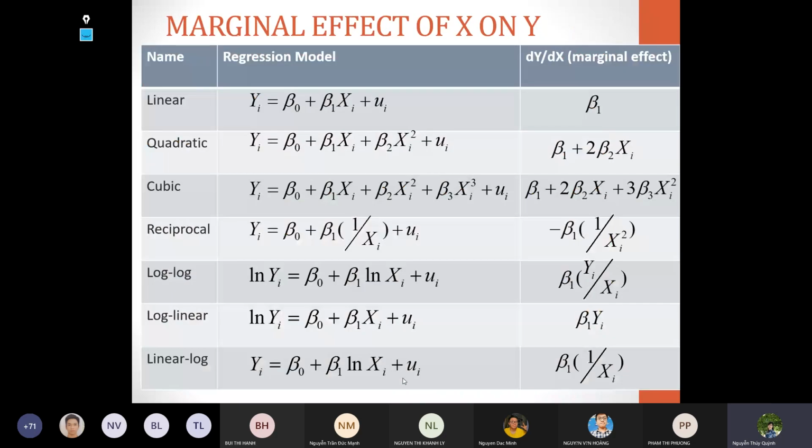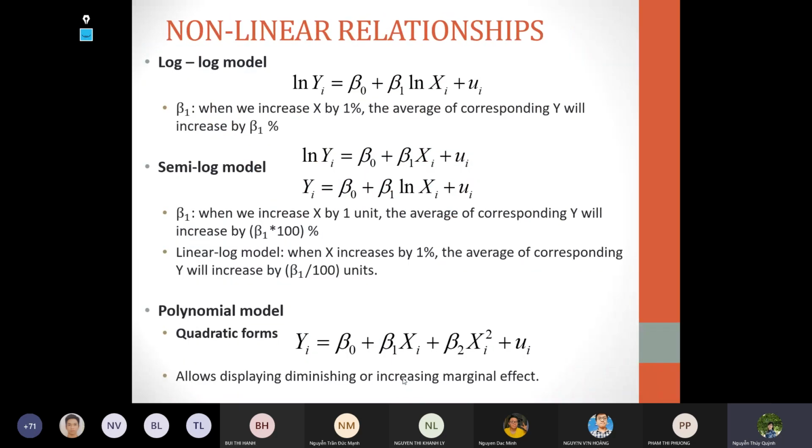Beta 1 here is in a log-log model. For the log-log model, the slope indicates that when x increases by 1%, the average of the corresponding y will increase by beta 1%.